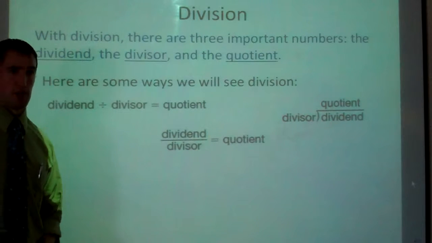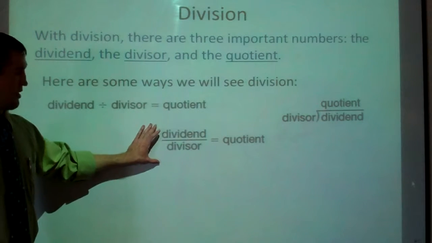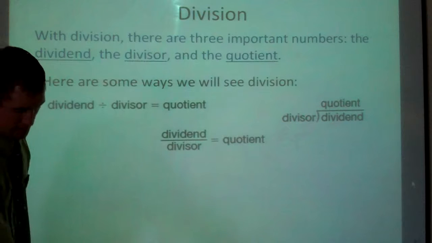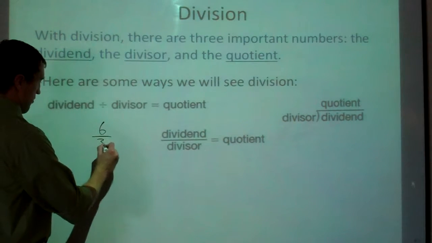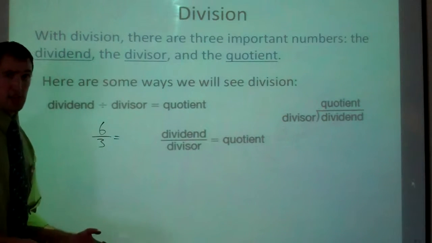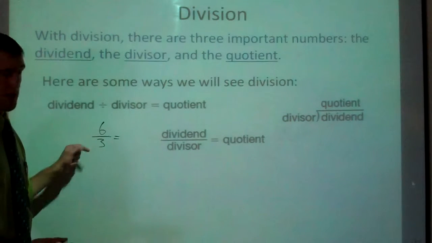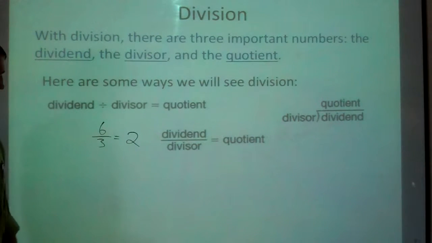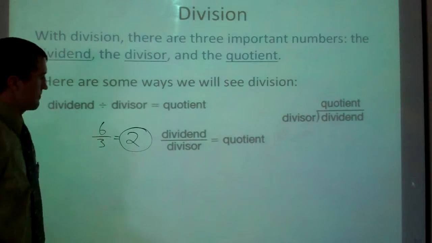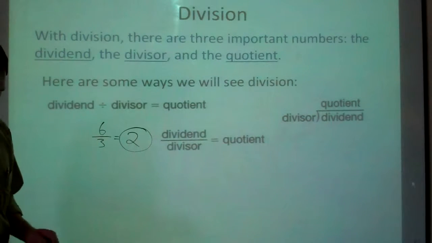And as a math teacher, this is my favorite way to have it. We'll do an easy one here. We have 6 over 3. This actually means 6 divided by 3, and we get 2. So, pretty basic.